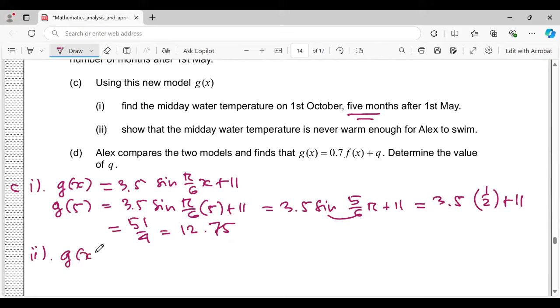So the function g(x) equals 3.5 sine(pi over 6 x) plus 11.